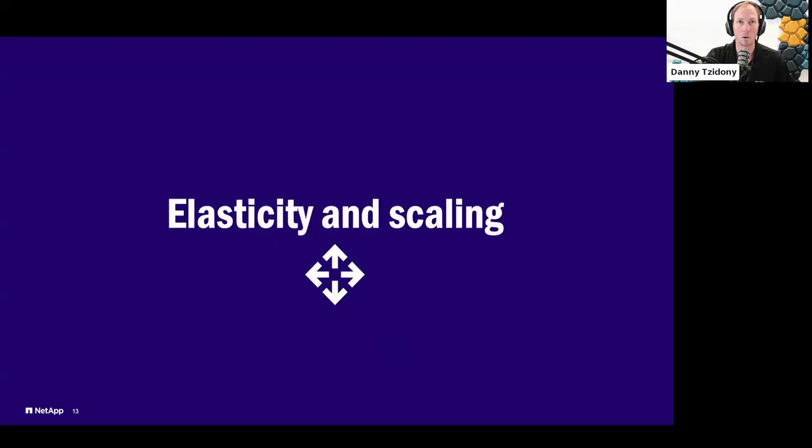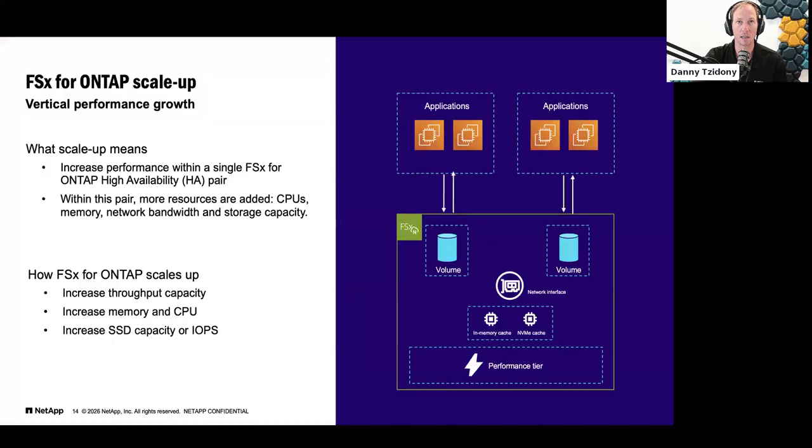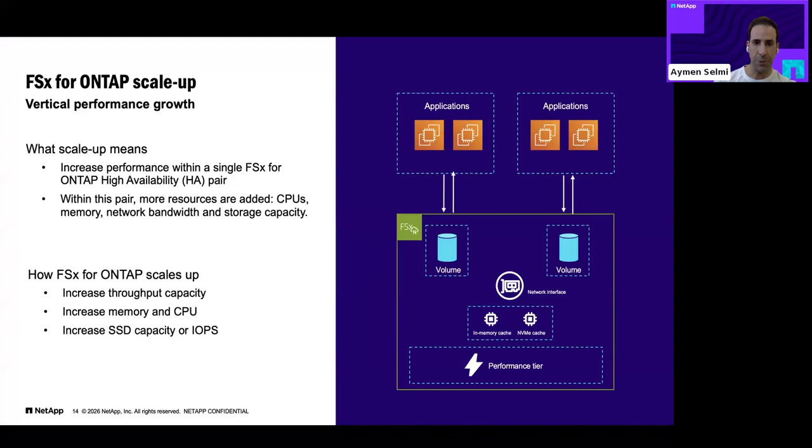And with that, we can go over to elasticity and scaling. Ayman, the floor is yours. Yeah. So these workloads are highly dynamic. We have different phases, a front-end phase and a back-end phase. We have different types of workloads and IO profiles: verification campaigns, large regression runs, simulations, tape out activity.